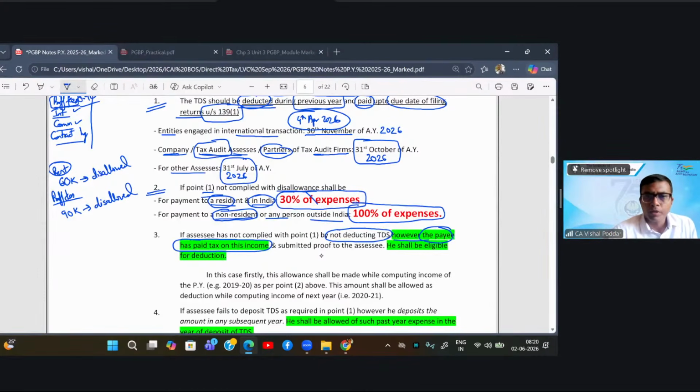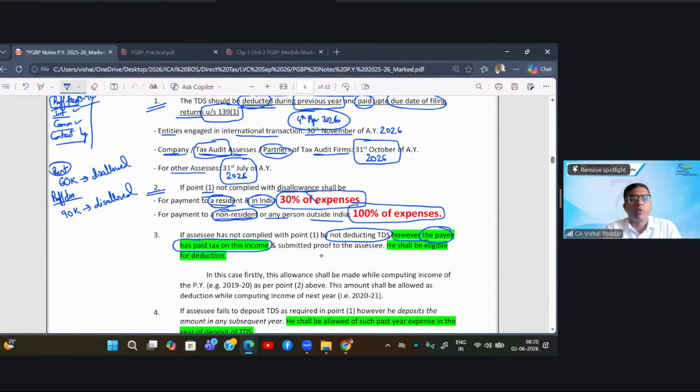Hence, today you deduct my TDS, and if you fail to do that, you face the punishment in the form of disallowance. But let us say you fail to deduct the TDS, but I, being an honest taxpayer, have deposited my tax.